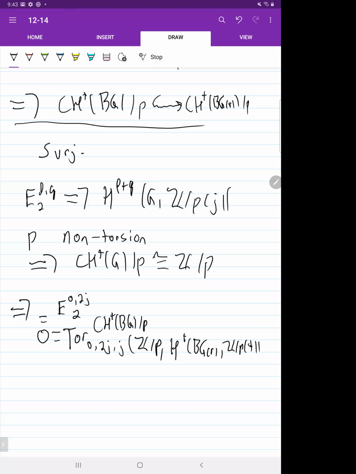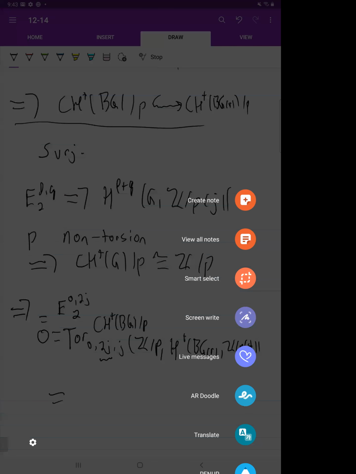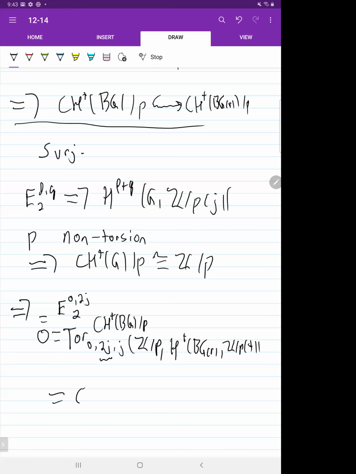When you take something bigger than 2j here, you have vanishing of motivic cohomology. So this is equal to the Chow group of G, and that is 0.